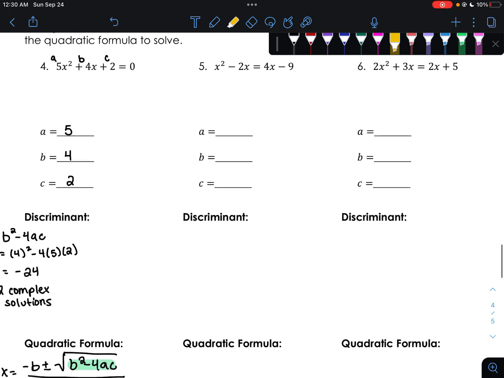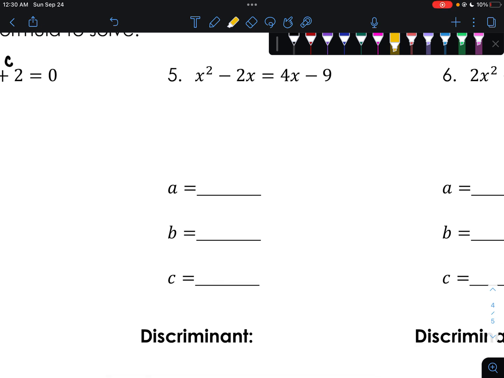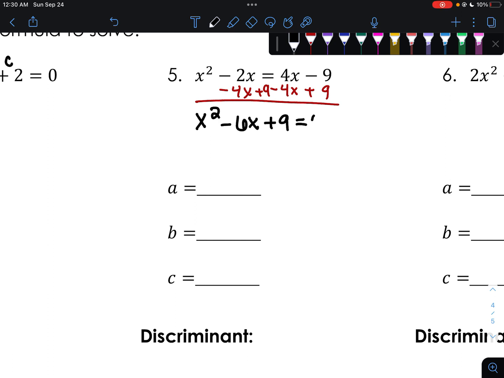Looking at the next one, notice that this time it is not set equal to 0. So we do need to make sure that we subtract the 4x to the other side with its like term and add the 9 to the other side. When we do that, we get x squared minus 6x plus 9, and now it's going to be equal to 0. So when we write this, we have 1, negative 6, and 9.